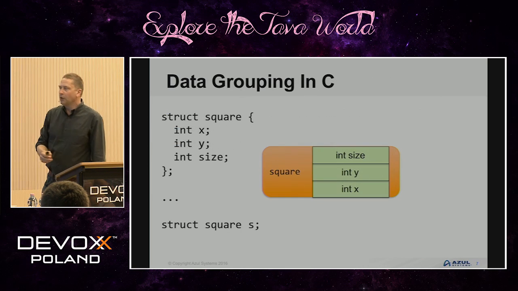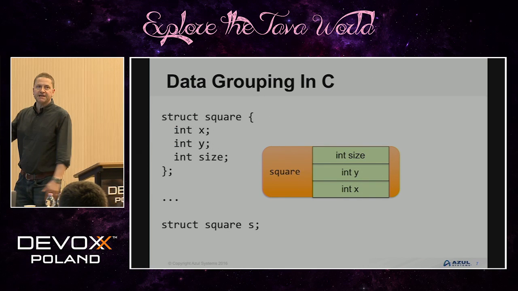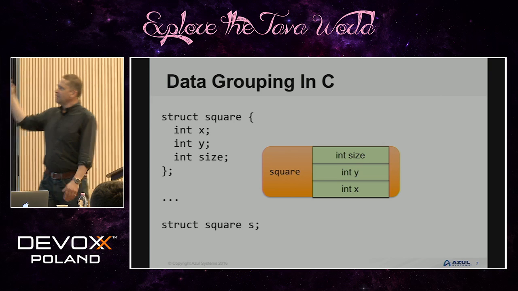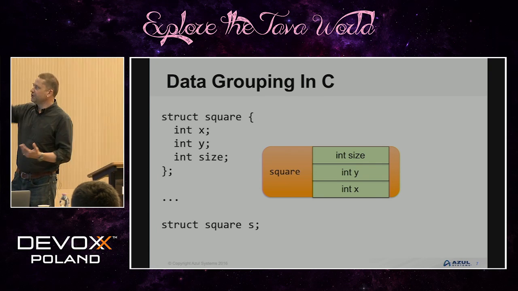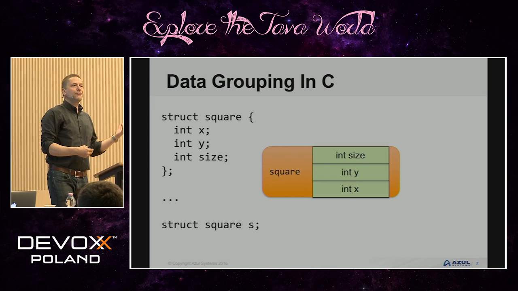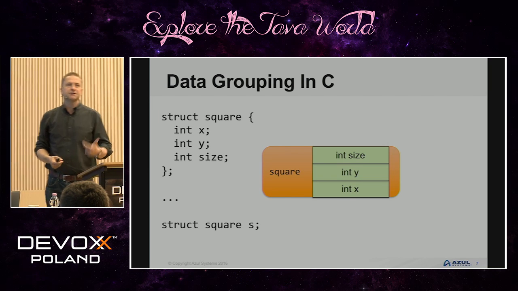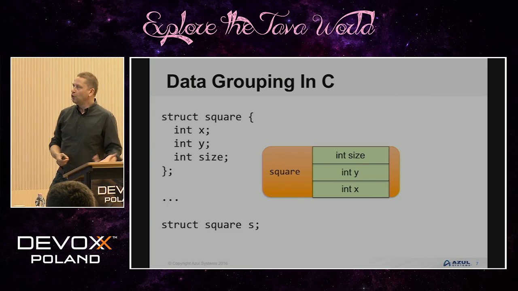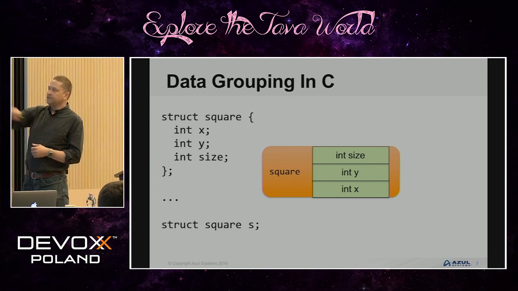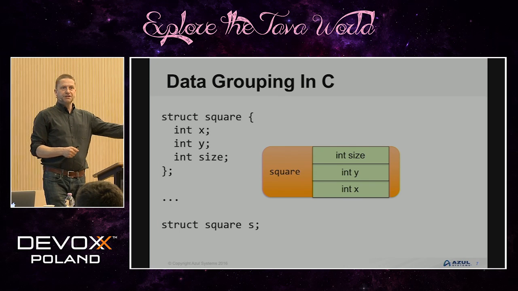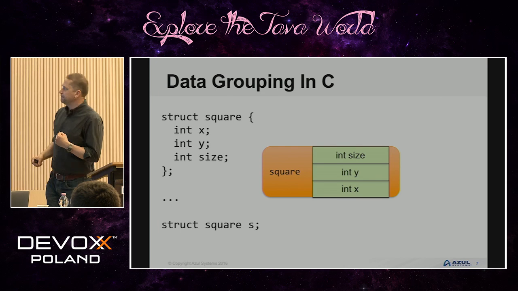Well, let's have a look at how we group data in C. We can create a struct, a square, and we simply define the struct square, and we say it's going to have 3 values inside it. It's going to have int x, int y, which is the position of a corner, and it's going to have a size, which is also an int. And then we can create one of those, and we can push it onto the stack, and then we've got access to it.